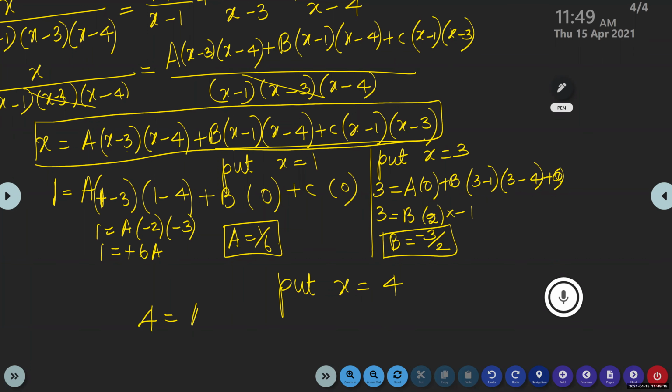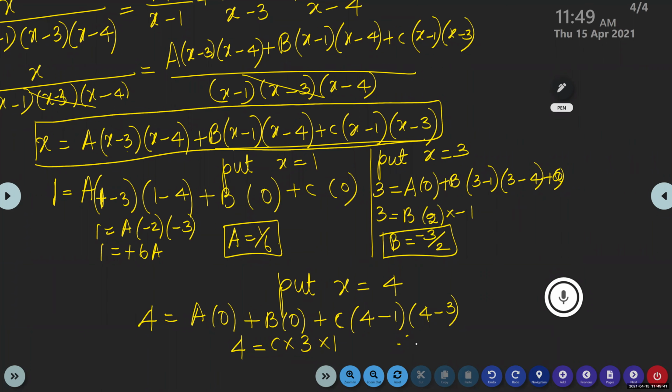4 is equal to A into 0 plus B into 0 plus C into 4 minus 1 into 4 minus 3. So we will get 4 is equal to C into 3 into 1.